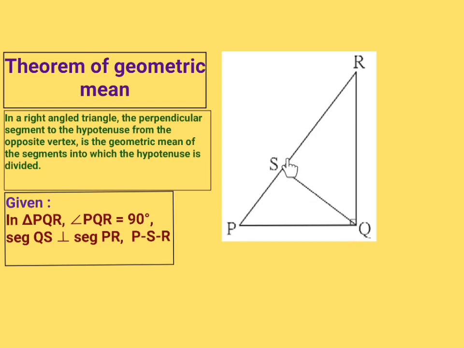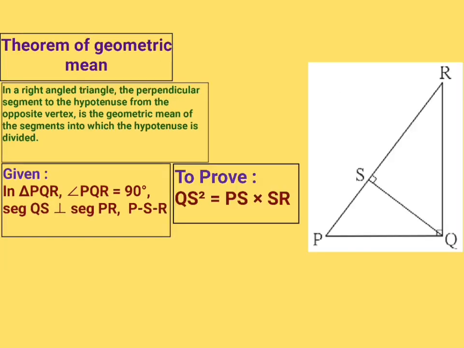Because of segment QS, the hypotenuse is divided in two parts, segment PS and segment SR. Therefore we have to prove segment QS is the geometric mean of segment PS and segment SR, meaning we have to prove QS square is equal to PS into SR. To prove: QS square is equal to PS into SR.